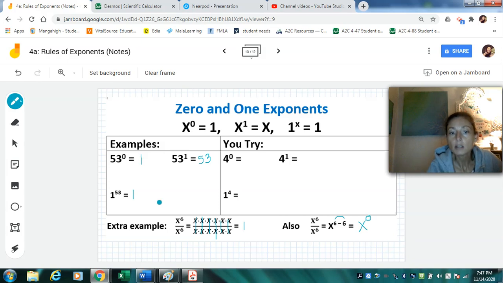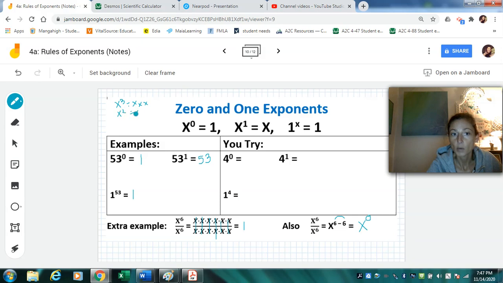There are lots of different ways you can look online, lots of different ways to see that these things are true. So for example, if I looked at x cubed, that would be x times x times x. X squared, that's just x times x.